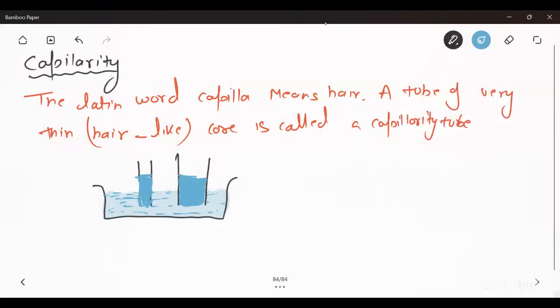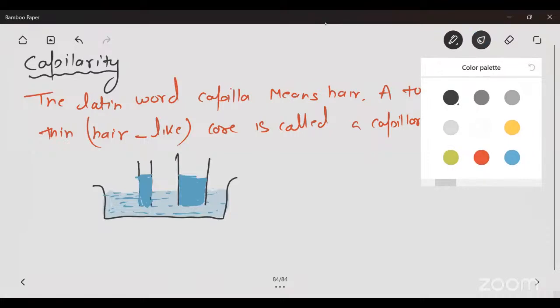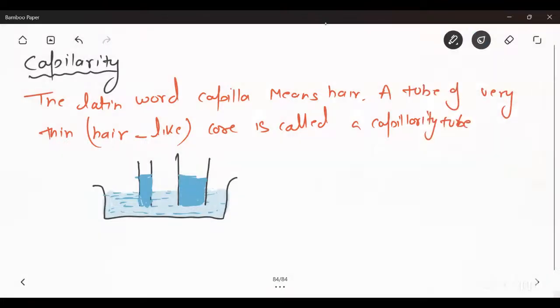So see the condition: if I dip a tube which is open from both ends, there will be a rise in the liquid level. This phenomenon is known as capillarity.